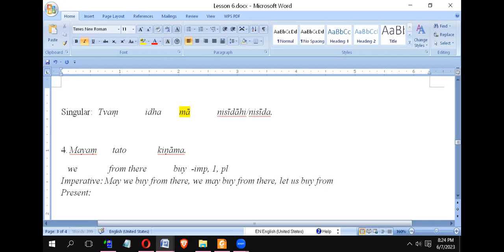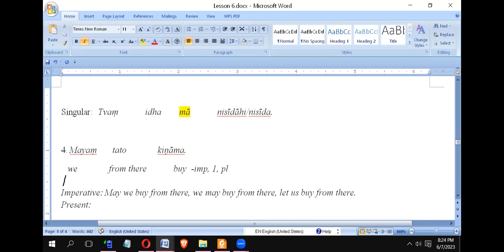Okay. So let's do it in present tense. The present tense will be first person plural. So we buy from there. Let me write: present tense, first person plural.